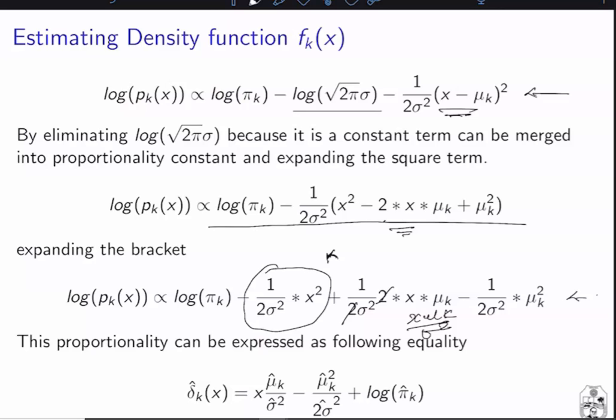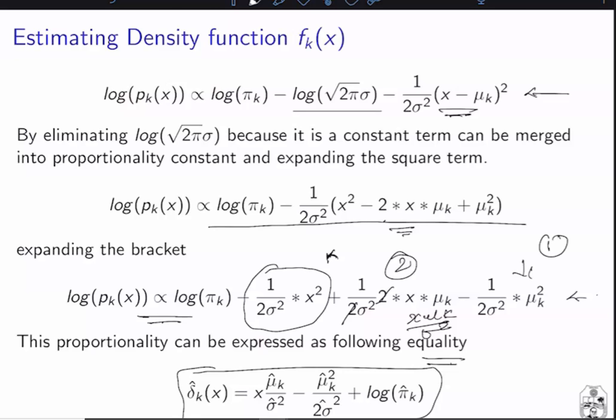These two terms involving mu k, this first term and this second term, completely depend upon the class labels, so they cannot be merged into the proportionality constant. When this proportionality is converted again into equality, the equation becomes like this.